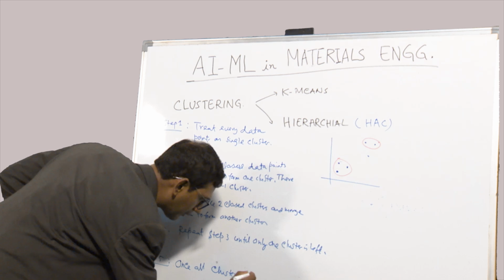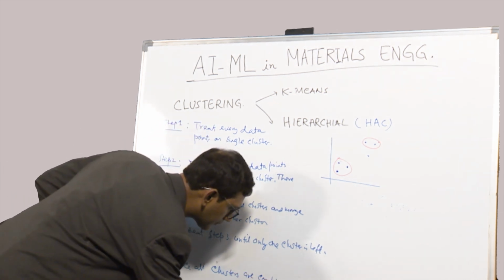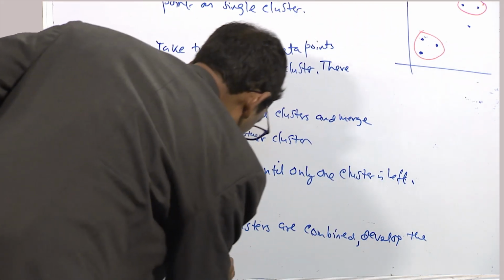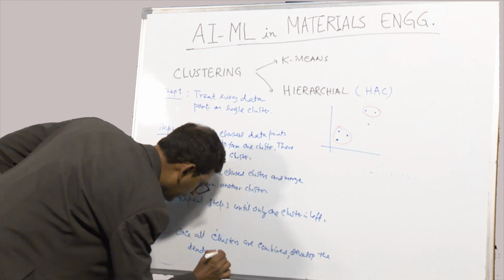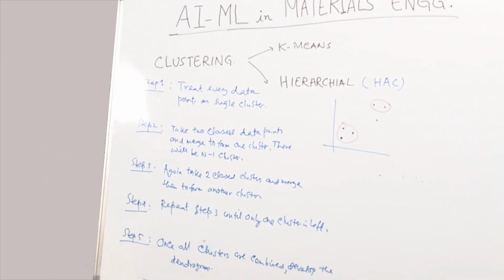I discussed the dendrogram; it is nothing but a dendritic structure. So, these are the 5 steps you should do, not more than that. You have to develop a dendrogram, and the dendrogram is something which gives you the nature of clusters, right. We have discussed dendrograms quite a lot.